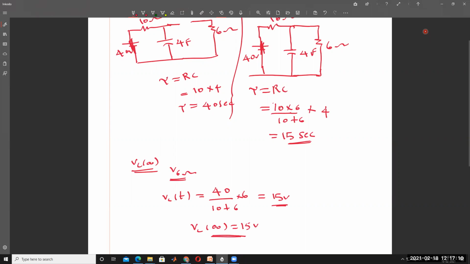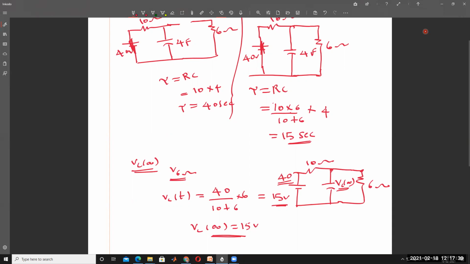Understood? The voltage across the 6 ohm resistor. This is the circuit: 40 volts, this is the capacitor, the switch is closed, the 6 ohm resistor, and the 10 ohm resistor. This is the voltage across the capacitor, Vc of infinity.